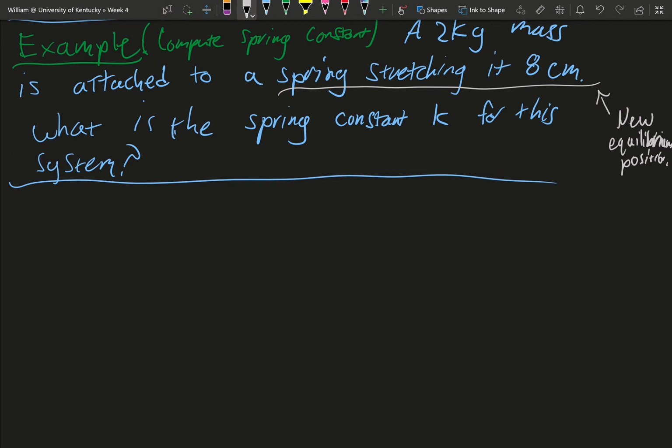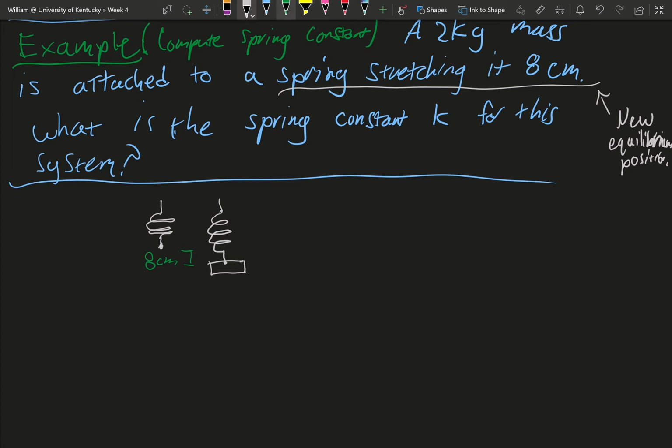Okay, so let's think about this a little bit. We have two different forces acting on us here. If we draw a picture, here's our spring with nothing attached, and here is our spring with something attached. We know that this is 8 centimeters, and we also have the following force diagram.